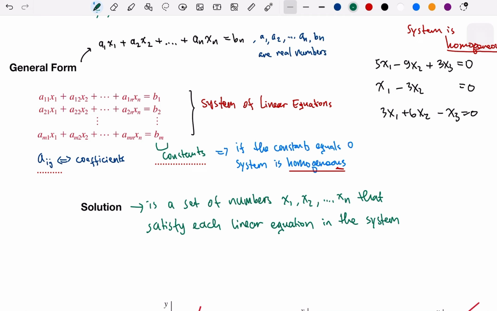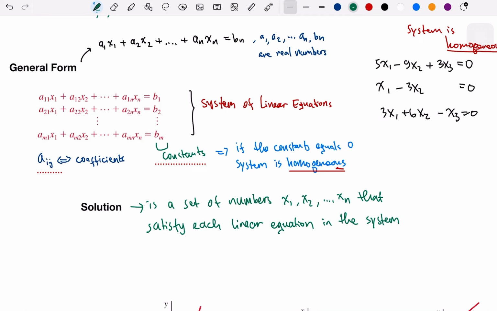Basically, if we check some numbers and they satisfy the equations, meaning the left side equals the right side, then that is a solution. Depending on how many variables we have, that is how many values we need.